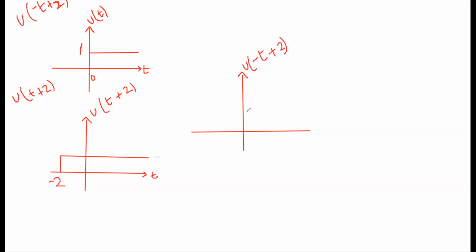So how can we draw the time reversal of this u of t plus 2? The signal runs from minus 2 to infinity.